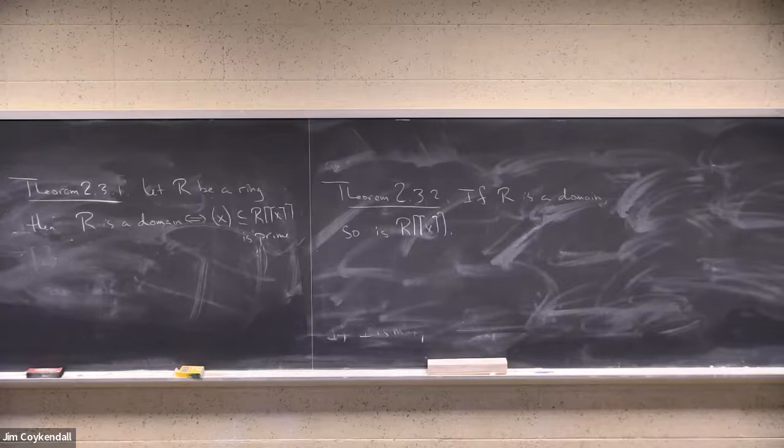Let's suppose R is a domain. What does that mean? It's a commutative ring with identity and no non-zero zero divisors. First of all, I need R[[x]] to have a one. No problem over there, because under our definition of power series multiplication, the one function acts as the identity. So that's not a problem.